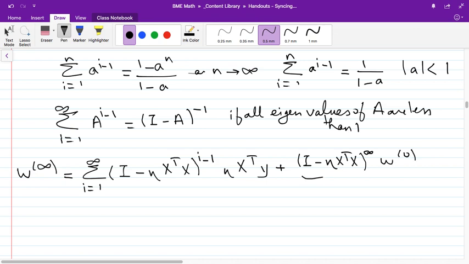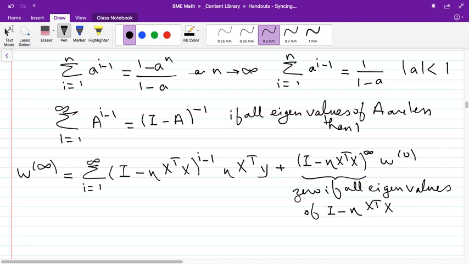This term is going to be 0 if all values of I minus eta x transpose x are less than 1.